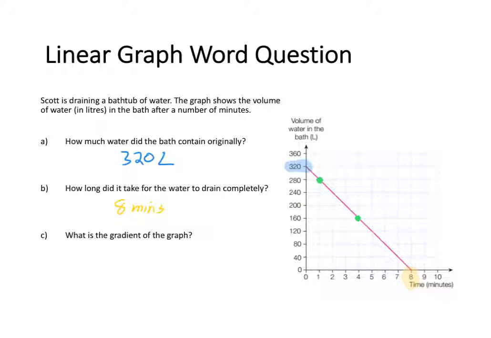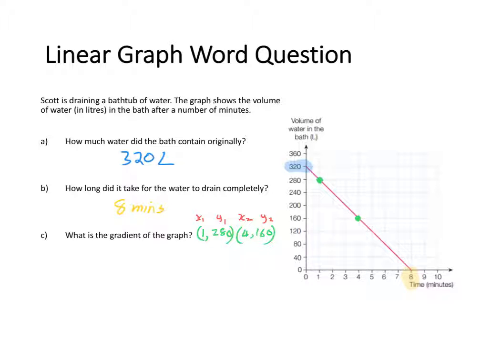So I need to write those sets of coordinates: (1, 280), (4, 160). Remembering you could choose any set of coordinates along the graph line. I want to label those x1, y1, x2, y2.